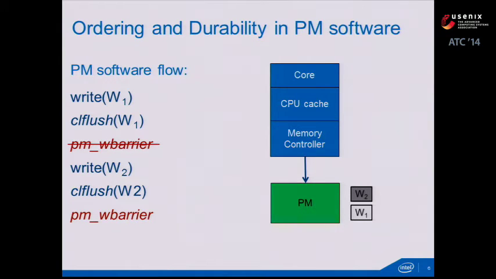So to test the PM software, it is not sufficient to just test for one memory ordering, but it is important to test for all the possible memory orderings as allowed by the architecture. So the validation of PM software is a little more tricky and difficult than usual. I'm not saying it's a completely new area, but it's a little more tricky and difficult than usual.